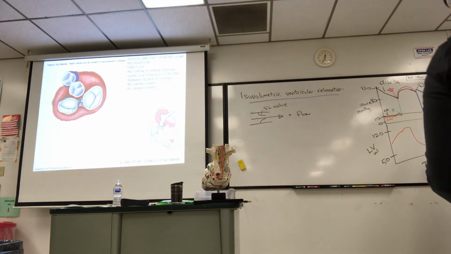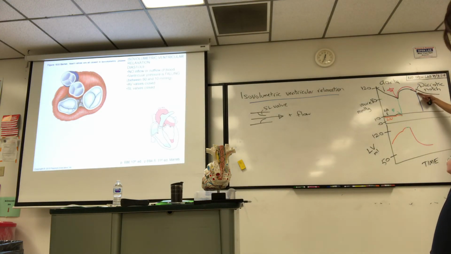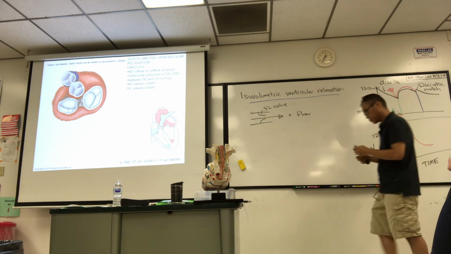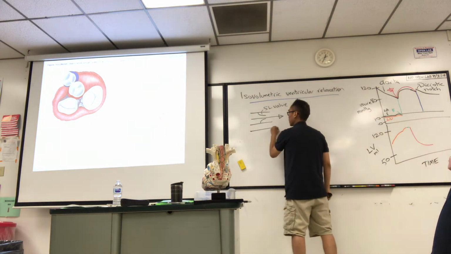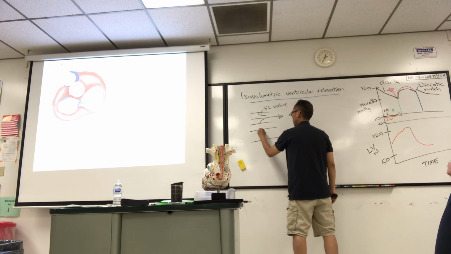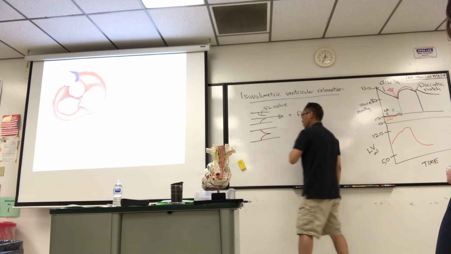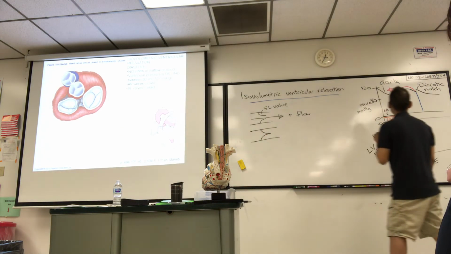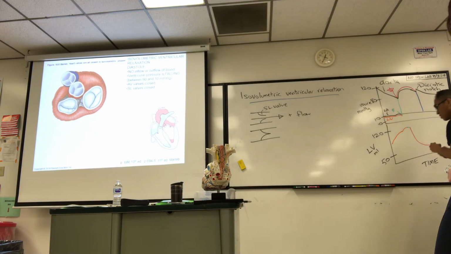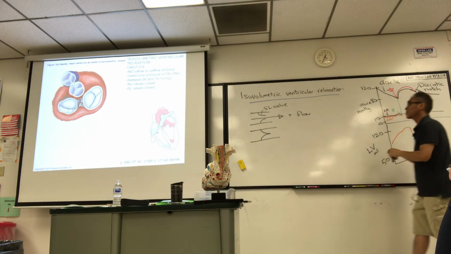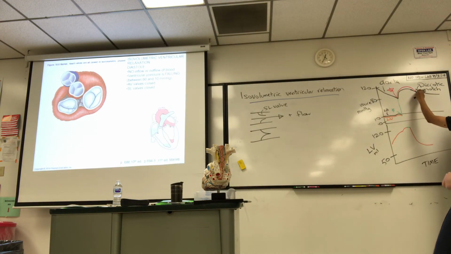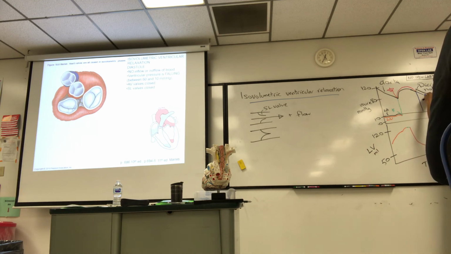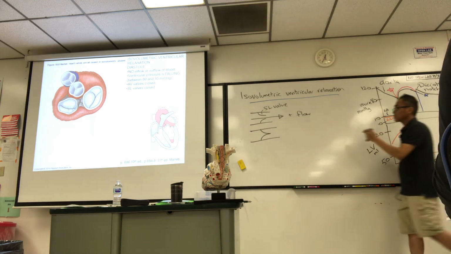The thing is, as soon as pressure dropped, where I changed from red to blue, the valve closed because pressure was decreasing inside the ventricle. So there's how it looks closed. And when it closes, right here, blue star, the aortic SL valve closes.